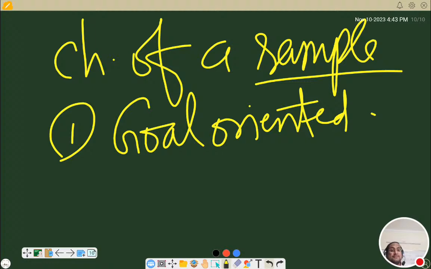What does goal oriented mean? Goal oriented means the researcher will see the hypothesis, researcher will see the problem definition. Accordingly, the researcher will define the research design. So, what is the main frame of the study? What is the goal of the researcher? That will define the sample.